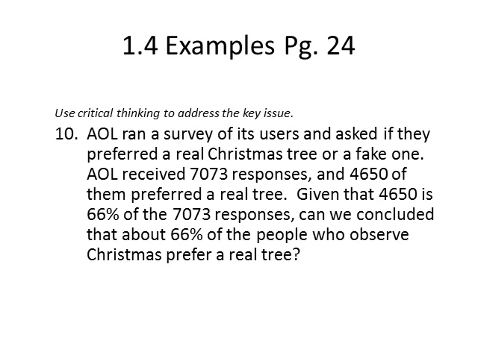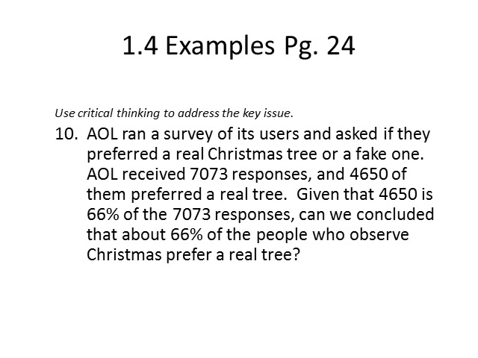And here's example 10 on page 24. AOL ran a survey of its users and asked if they preferred a real Christmas tree or a fake one. AOL received 7,073 responses, and 4,650 of them preferred a real tree. Given that 4,650 is 66% of the 7,073 responses, can we conclude that about 66% of the people who observe Christmas prefer a real tree?